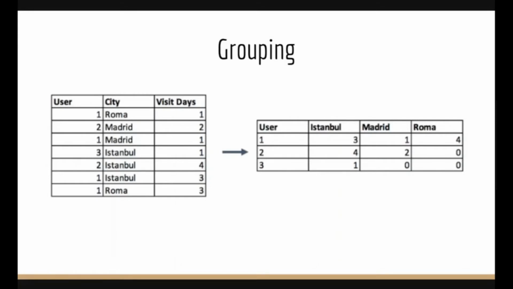Let's understand it by considering an example. Here we can see that for each user there are several rows in the table.